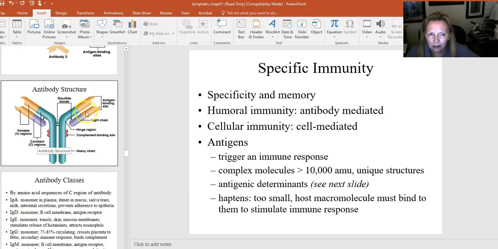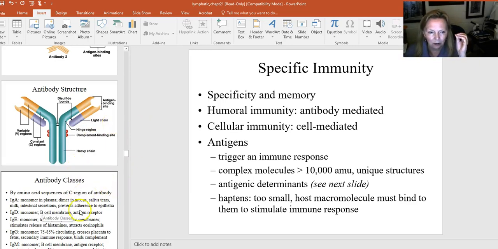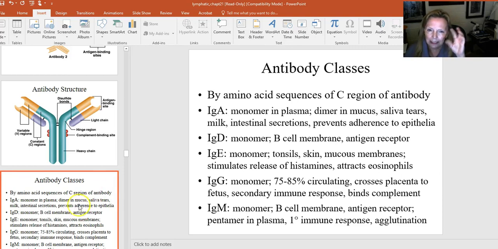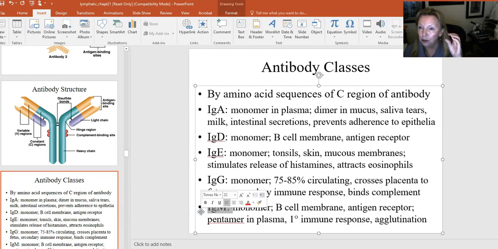So antigens, we know, are proteins that are unique to each different living types of cells and structures. But antibodies, classes, there are 5 different types of classes of antibodies. What I was just explaining to you in specific immunity on the initial exposure, where plasma cells start pumping out antibodies, was a class called IgM.